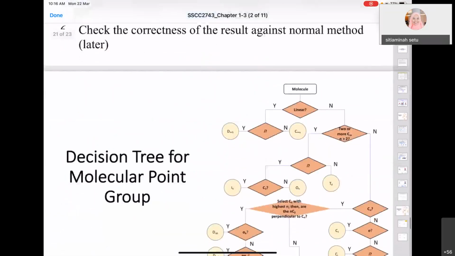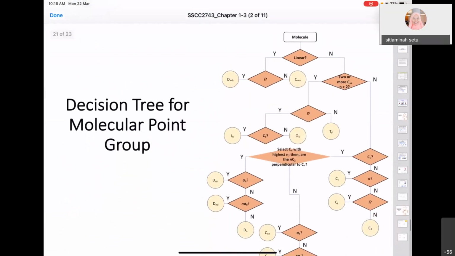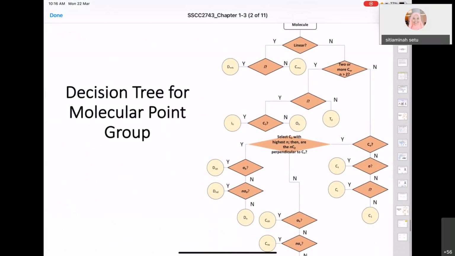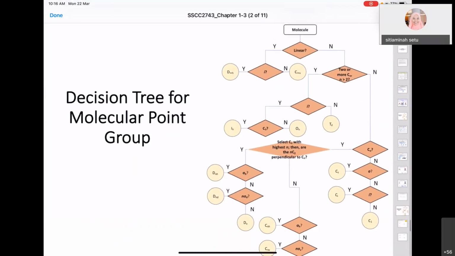Okay, and then untuk minggu depan kalau boleh saya nak you print out this decision tree. Saya dah letakkan dalam e-learning, dalam tutorial. Chapter 1 tutorial ada satu page this decision tree. So kalau boleh you print dulu siap-siap sebab kita akan gunakan this decision tree on how to determine the point group of the molecule.